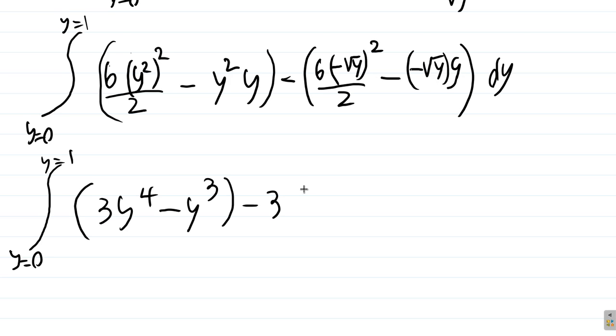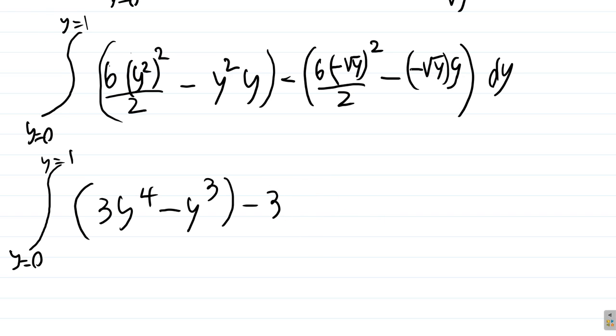Now, negative square root of y squared. That's going to be negative square root of y times negative square root of y. But then, what will happen to it? What you're going to have is a positive square root of y squared. Right? So let me just erase part of this.